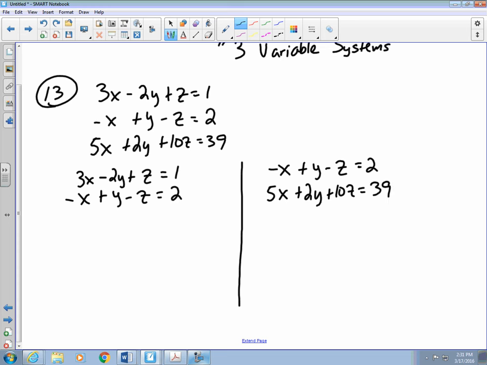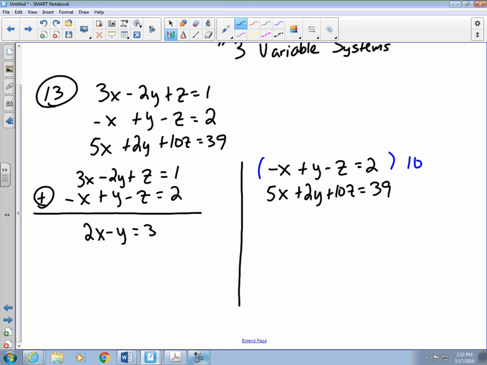So with this, the way that I look at 13, I don't even have to multiply anything right away. The z's are going to eliminate, and now I have a function of x and y. Since I eliminated z with the top 2, I will need to do the same for the bottom 2. I need to eliminate z.